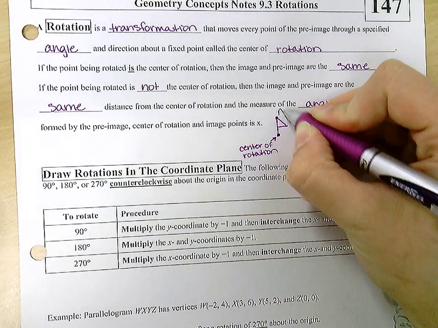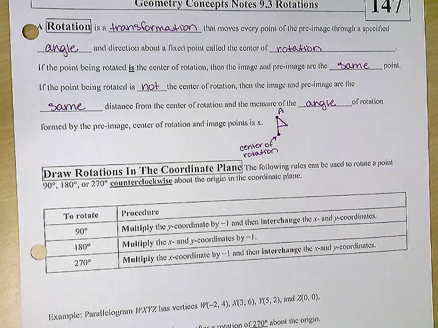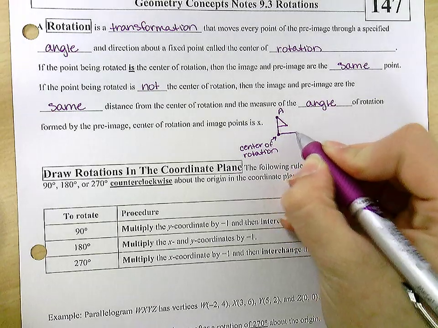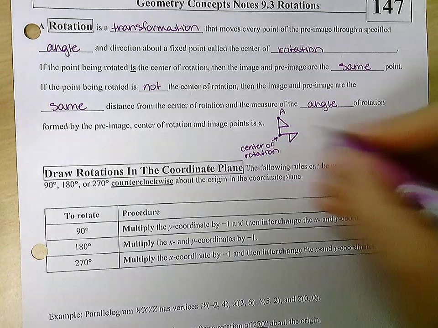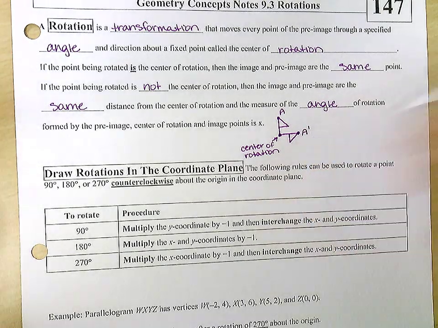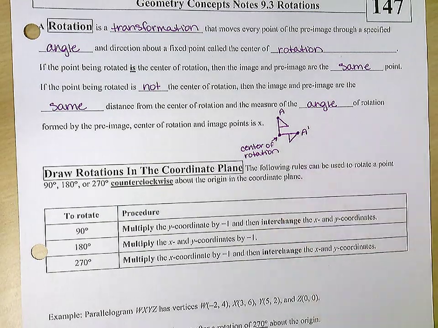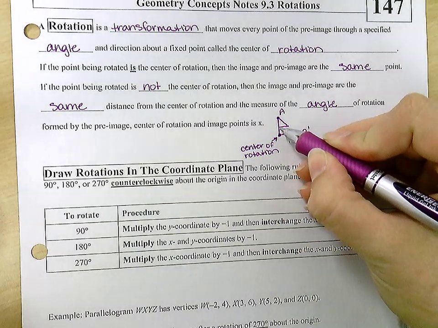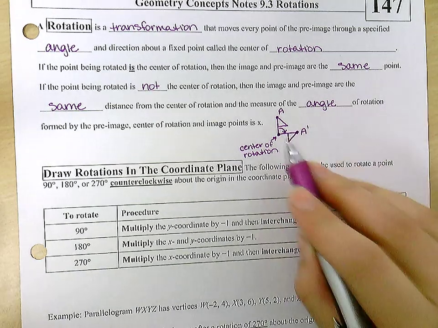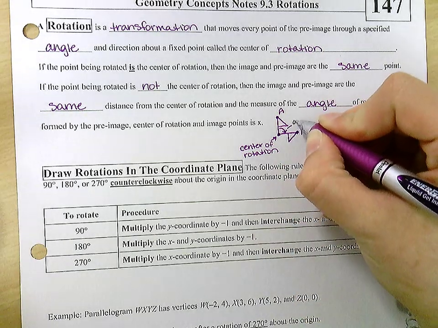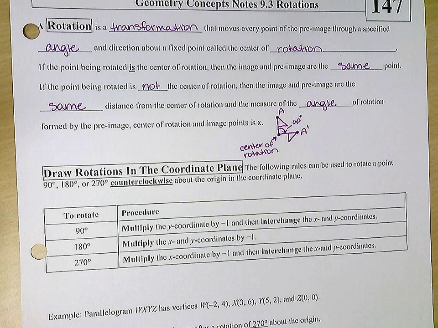I'm going to take this point A and rotate it 90 degrees clockwise to get my new image. So that would be here, and A prime would be at the top of this one here. That rotation is your angle that it's rotating through. In this case, I rotated it 90 degrees.